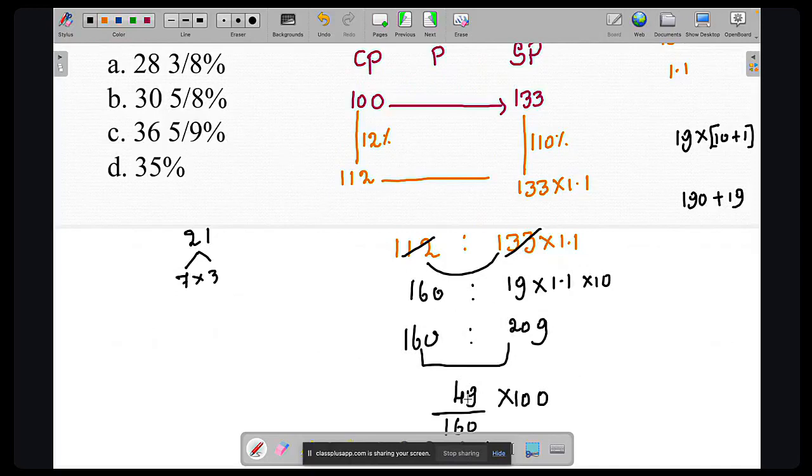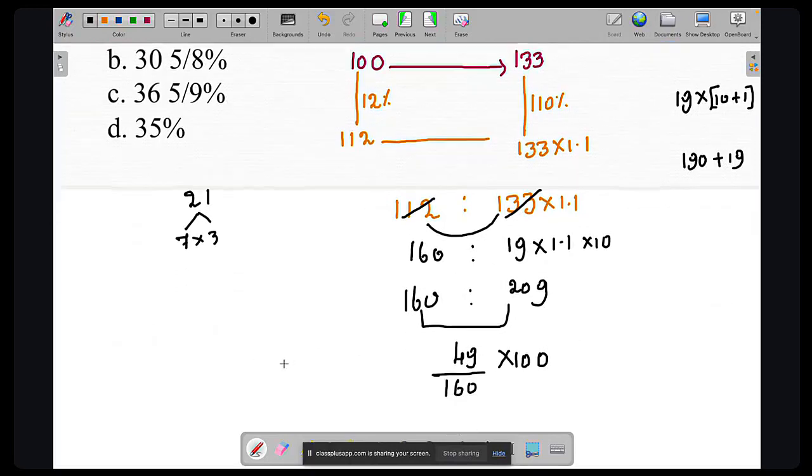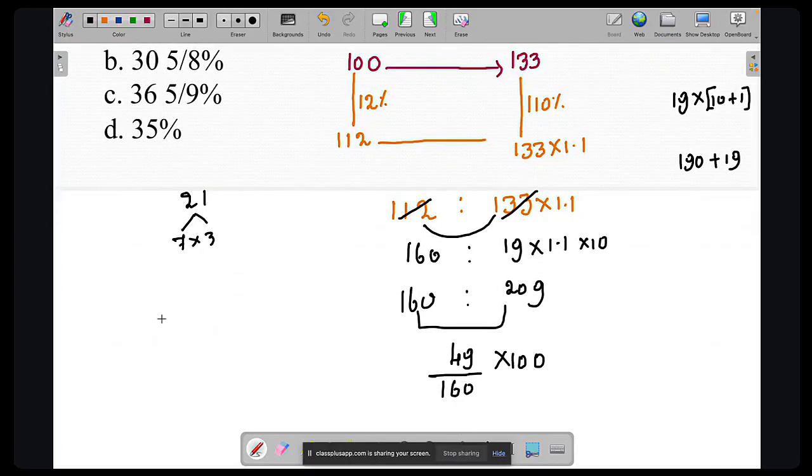I told you in the previous class also how to do it. 100 percentage is 160, 10 percentage is 16. I want 49. 16 ones are 16, twos are 32, threes are 48, which means 30 percentage is 48.